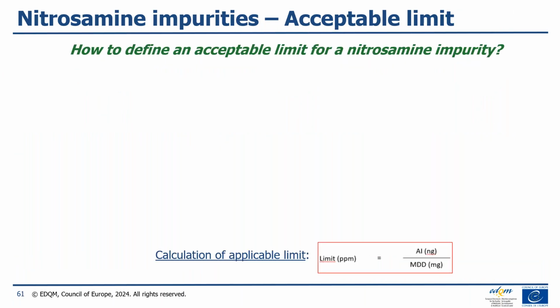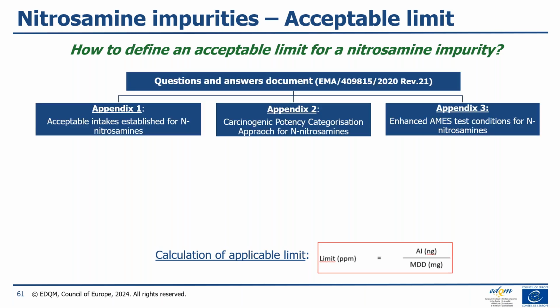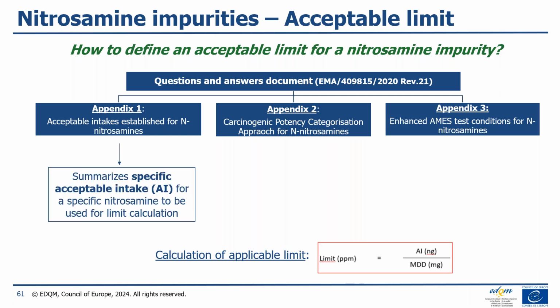Then, how to define an acceptable limit for a nitrosamine impurity. Again, the principle is the same. It's the acceptable intake divided by the maximum daily dose. And for this, you will have to use Appendix 1 and Appendix 2 of the question and answer documents. As I've said, in Appendix 1 you can find specific acceptable intakes for a certain nitrosamine, which can be directly used for calculation.